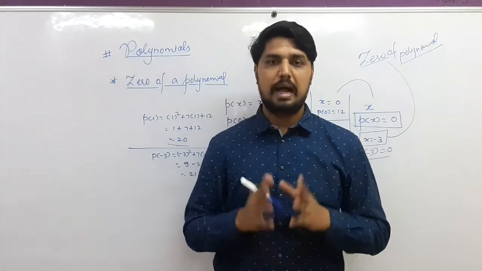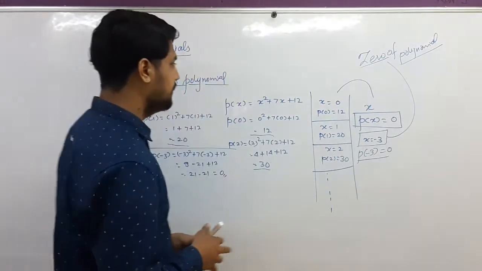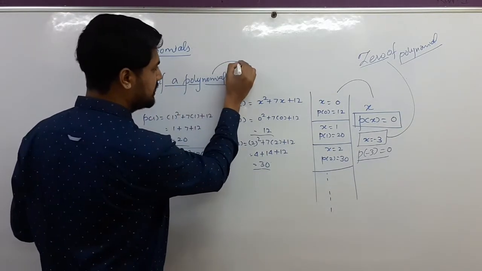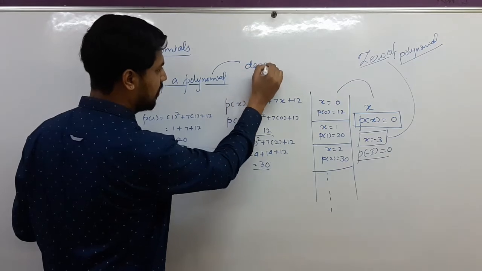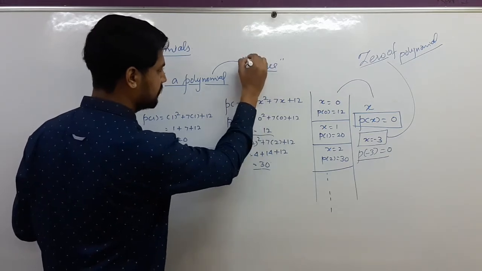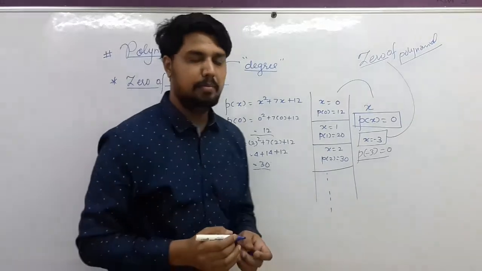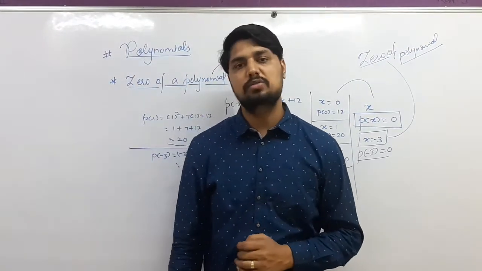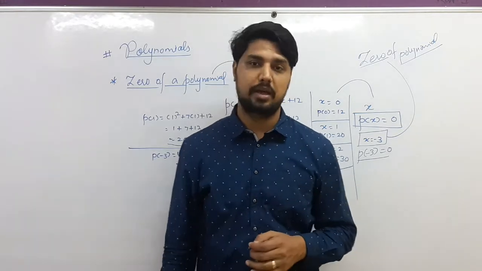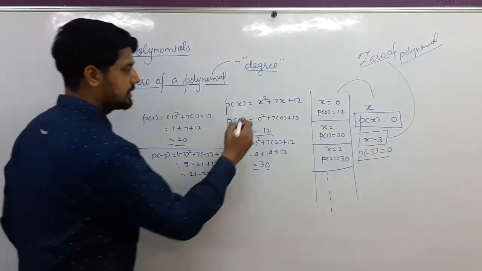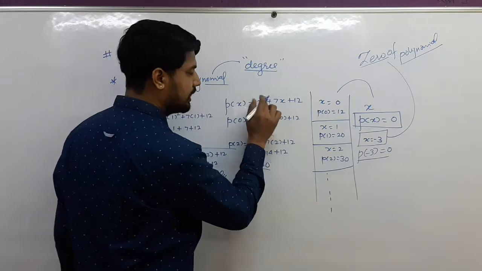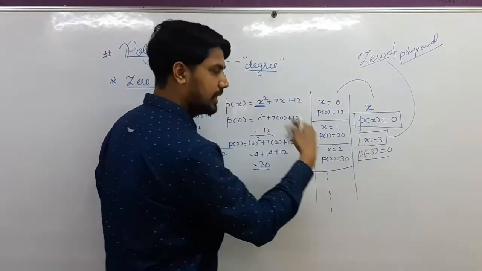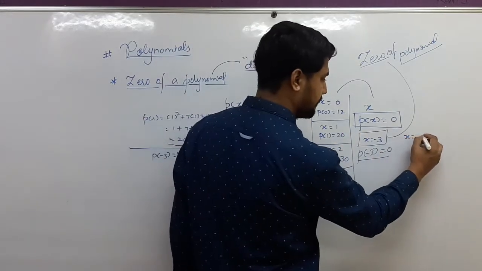So the answer to that question is, whenever we talk about the zero of the polynomial, it is related with the degree of the polynomial. Whatever may be the degree of the polynomial, that many zeros of the polynomial will be there. Suppose here it is a quadratic polynomial, so it will have two zeros. One is -3 and another is -4.